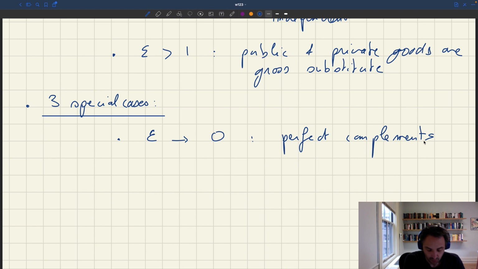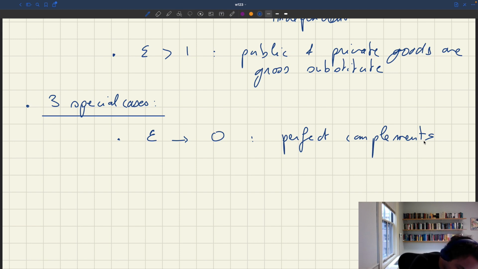So what does that mean? Well, when they're perfect complements, it means that for a certain amount of private consumption, a certain amount of private goods, you need a certain amount of public goods. But beyond that, the public goods don't add anything at all. So there's a level that's required, and then you don't need anything more. So what type of utility function gives you perfect complements?